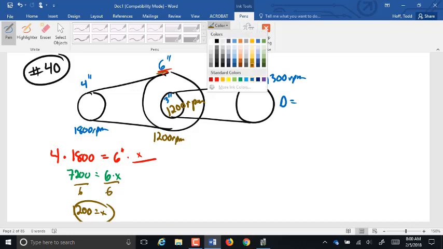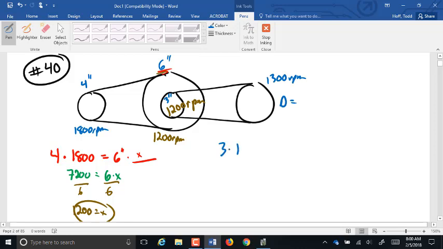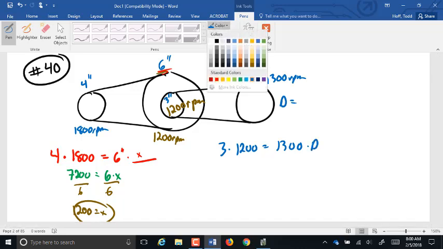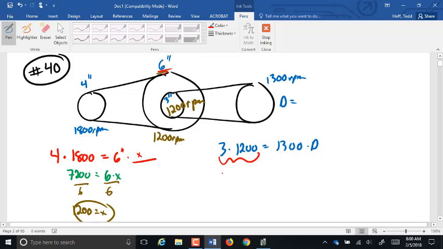So that means that starts out as 3 inches times 1200 RPM equals 1300 RPM times D, or D times 1300 RPM. However you want to look at it. 3600 equals 1300 D, and we divide by 1300. Gives 2.769 inches.